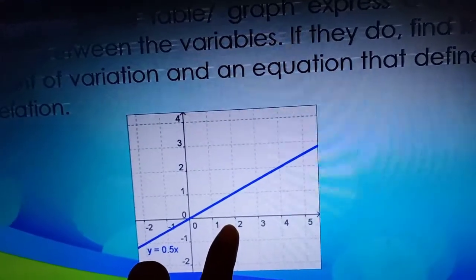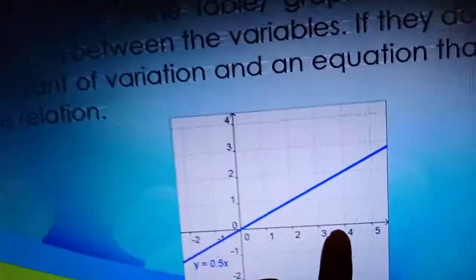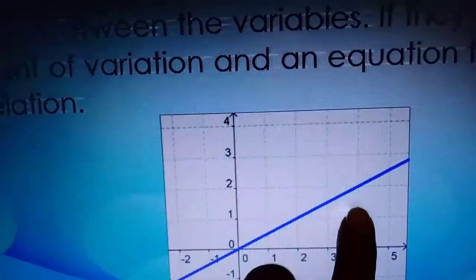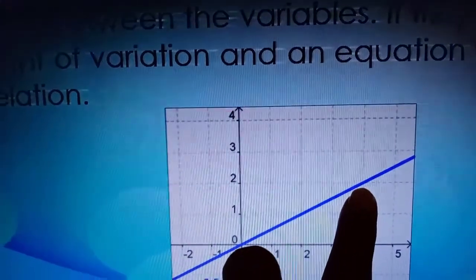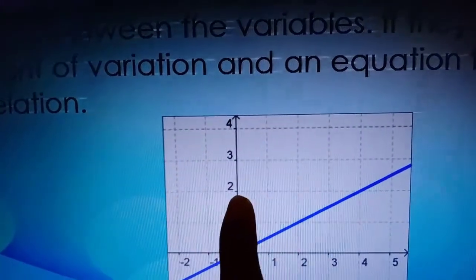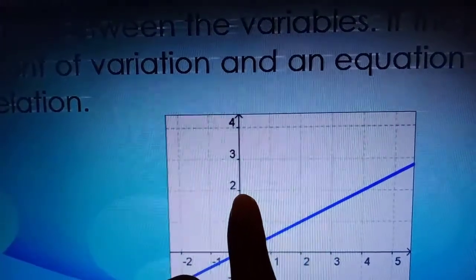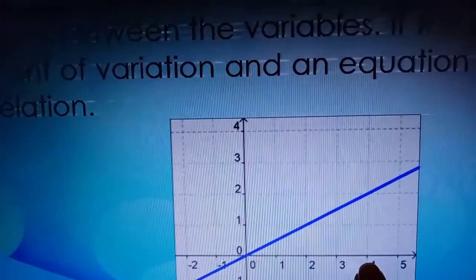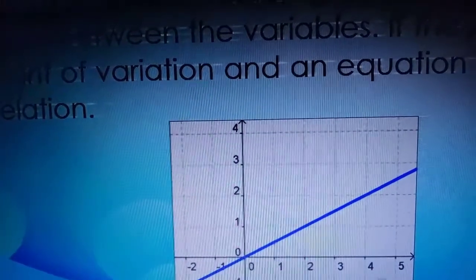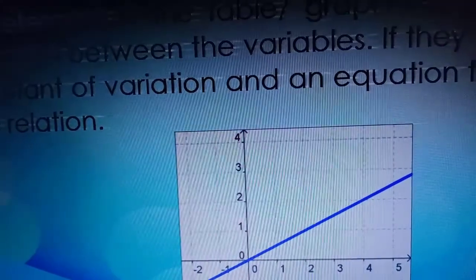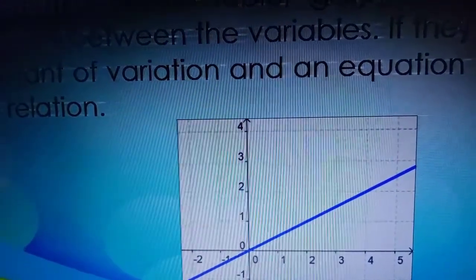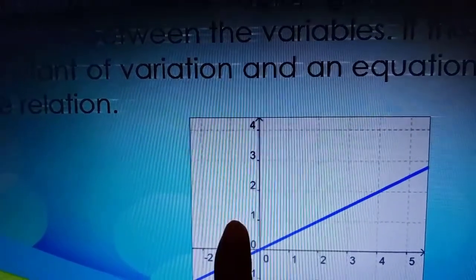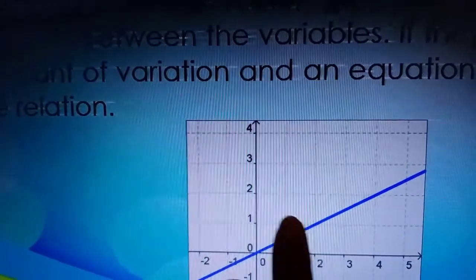Okay, another is, let me focus on the camera, 4 and 2. When we get the ratio of y over x, that's 2/4. And 2/4 is equal to 1/2, which is the first ratio that we got. So 1/2 and 1/2.